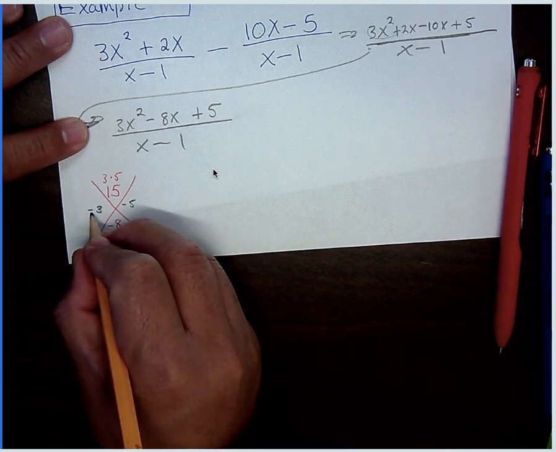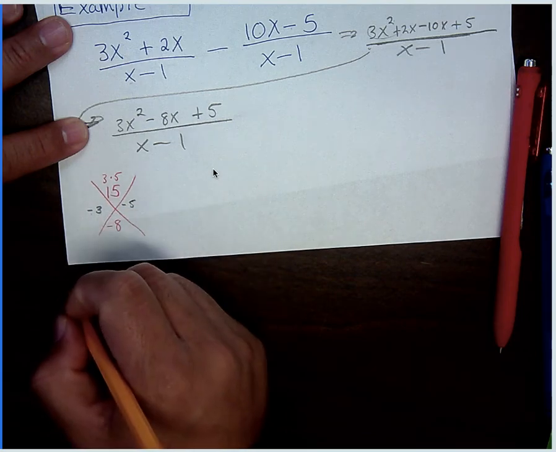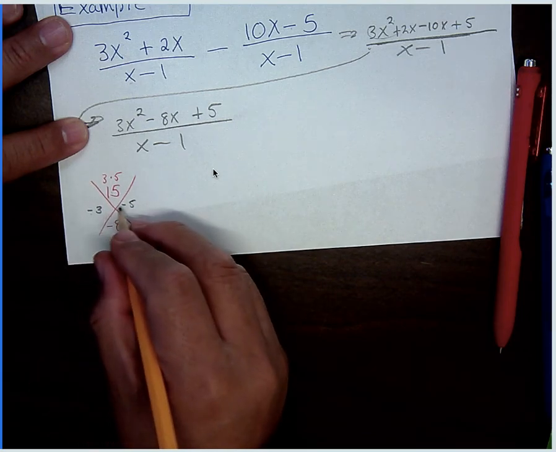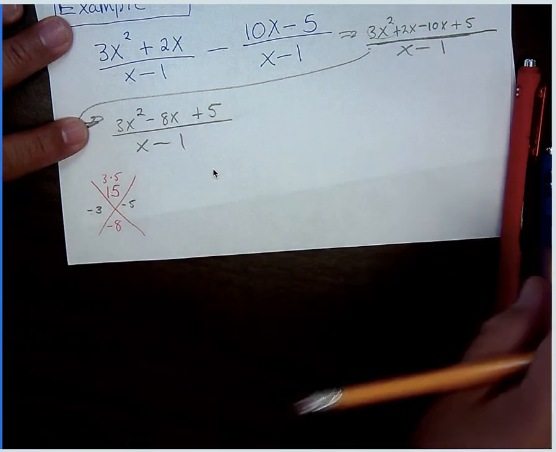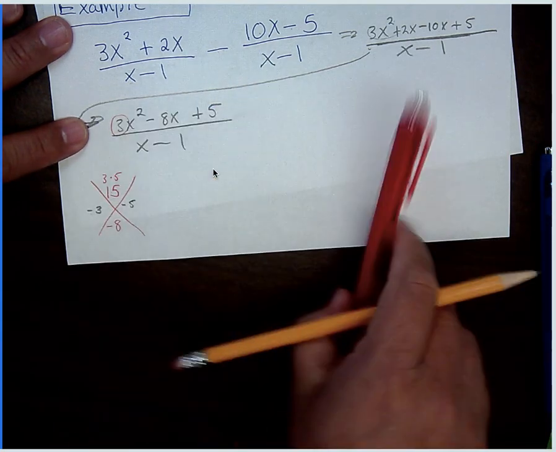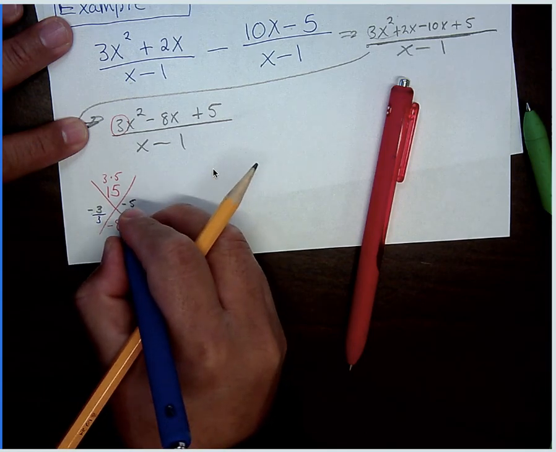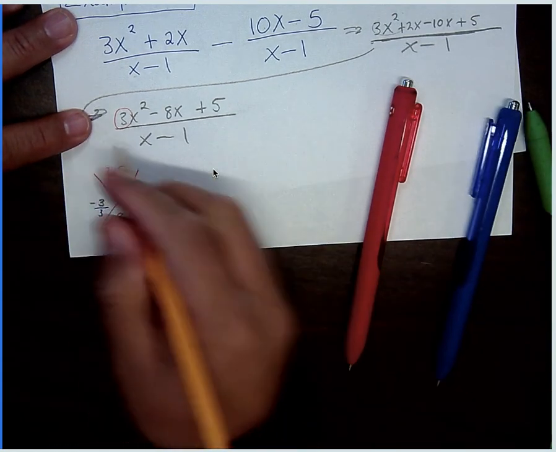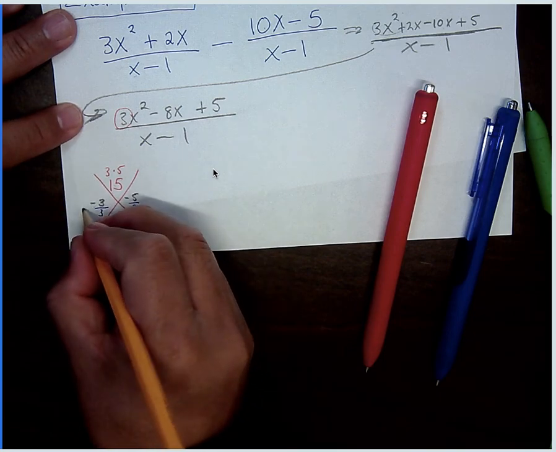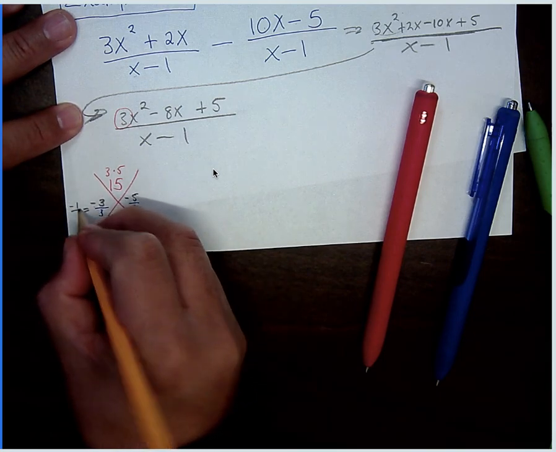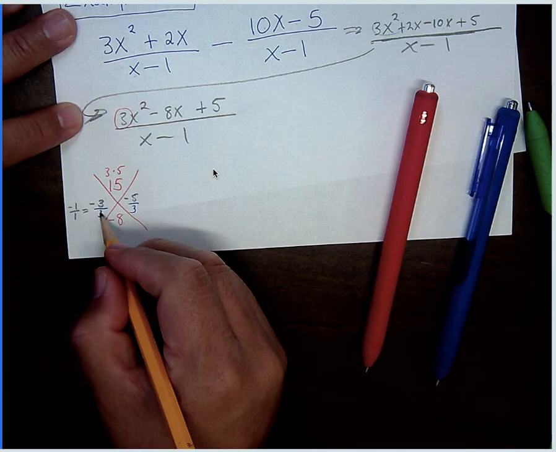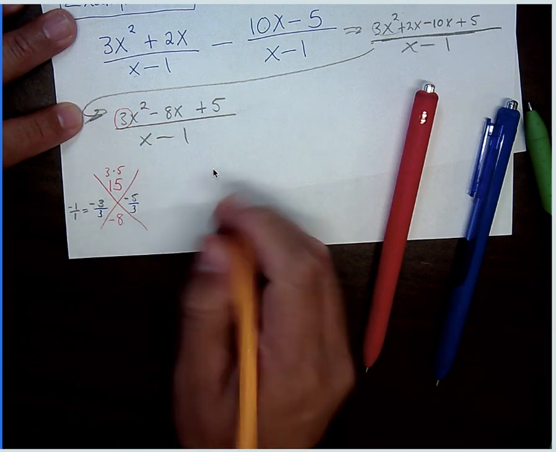Negative 3 times negative 5 gives you positive 15. Negative 3 plus negative 5 gives you negative 8. Now the leading coefficient, don't forget that, you're going to put that at the bottom. And then you're going to see they can simplify, and that one does simplify. It would be negative 1 over 1, right? 3 over 3 is just 1, so negative 1 over 1, and that one stays like that.